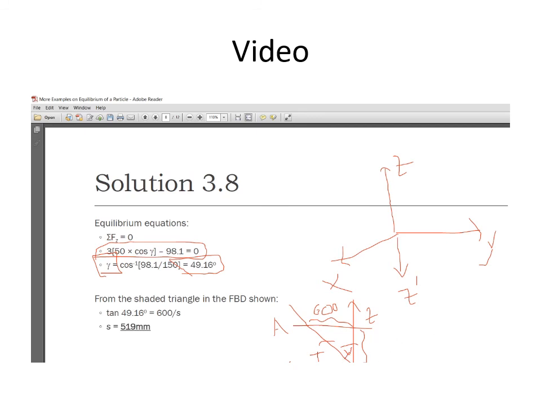So if we apply the trigonometry formula, we can get the value of S from this equation. So tan gamma is the perpendicular distance divided by the horizontal distance in this case. So from that we get the value of S as 519 millimeter.